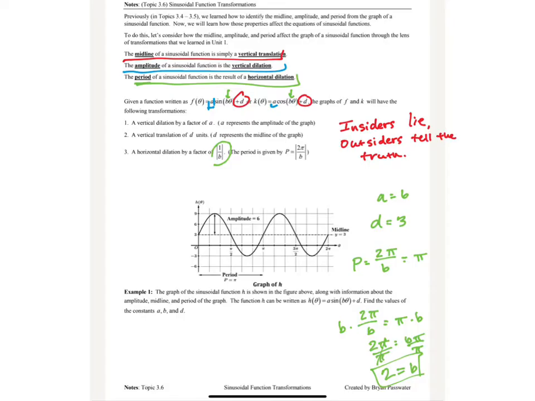And here they're not telling us anything about a phase shift. No C, no horizontal translation.